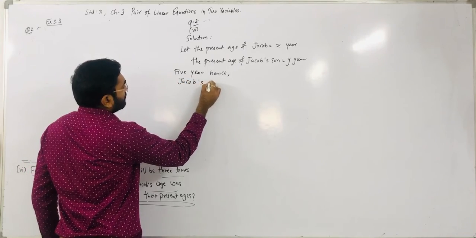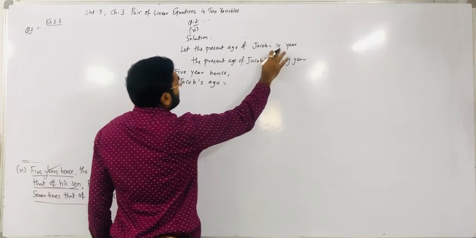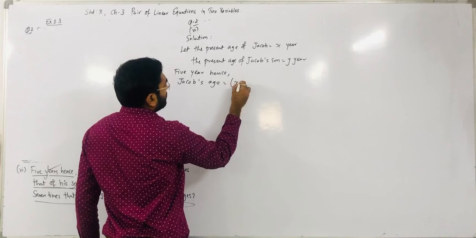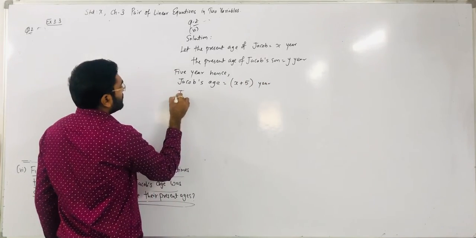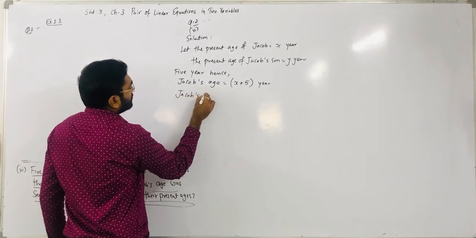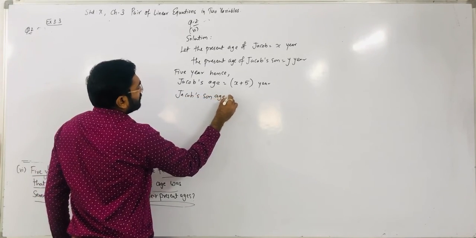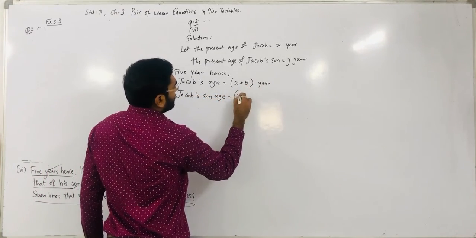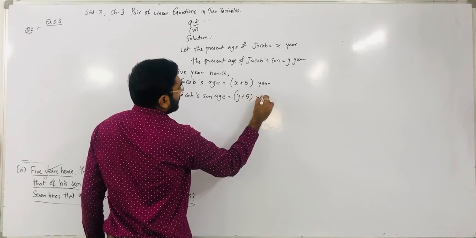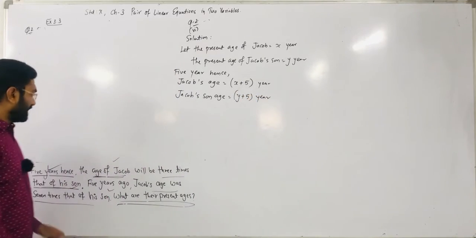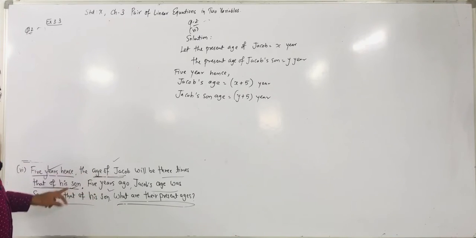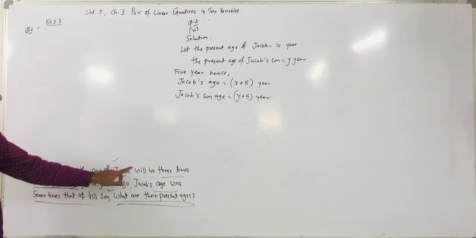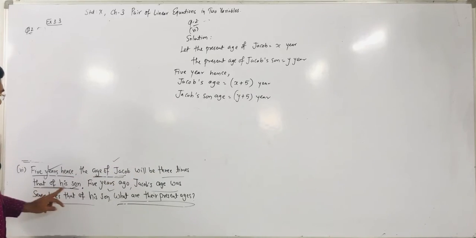Jacob's age will be what? Present is x here, so after five years, x plus 5. And Jacob's son's age is what? Right now present age is y, so five years hence its age is y plus 5. Now five years hence they give the relation between Jacob and Jacob's son, which is that the age of Jacob will be 3 times that of his son.